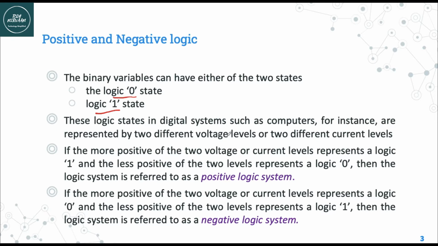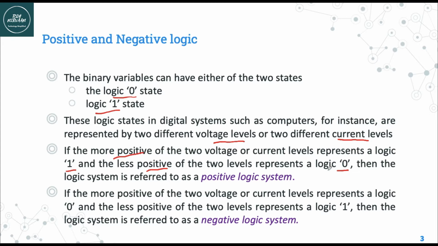These logic states in digital systems such as computers are represented by two different voltage levels or current levels. So what is the physical significance of logic 0 and logic 1? It is voltage and current level. If the more positive of the two voltage or current levels represents 1 and the less positive of the two levels represents a logic 0, then such a logic system is called a positive logic system.